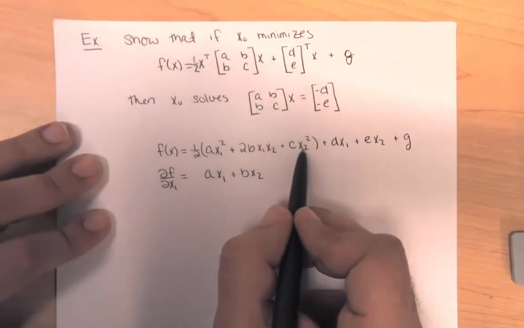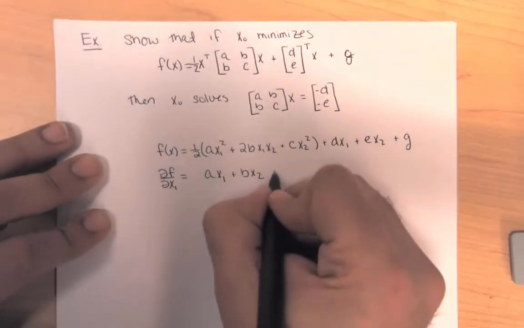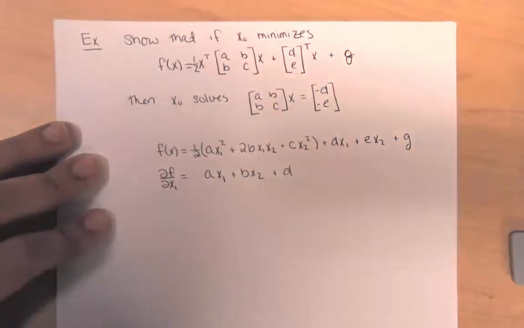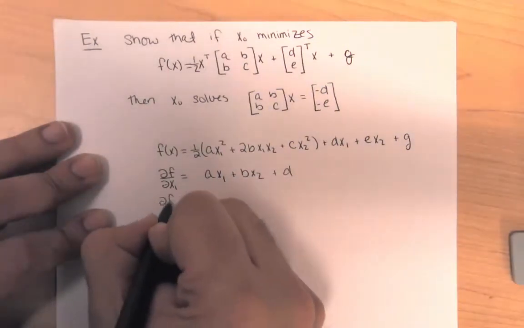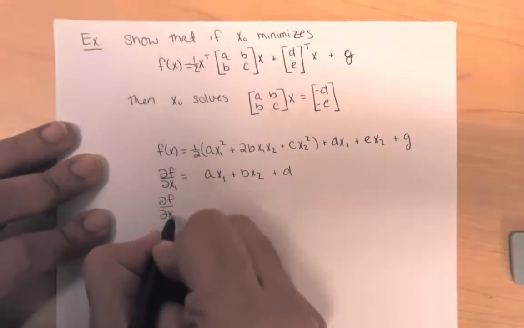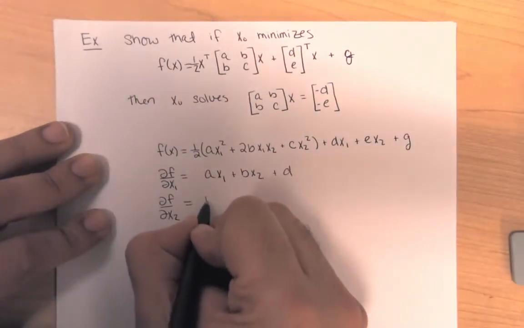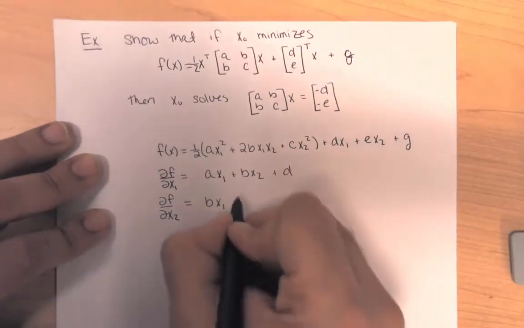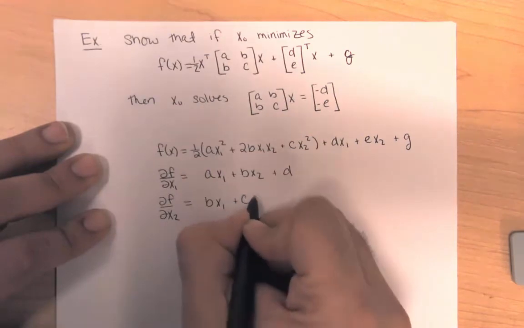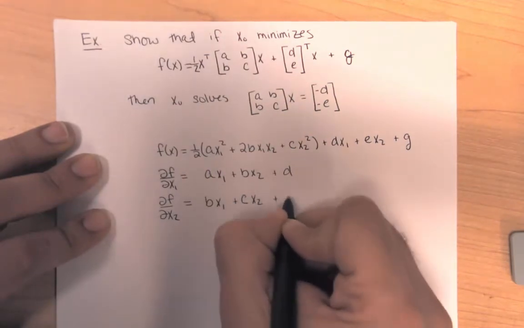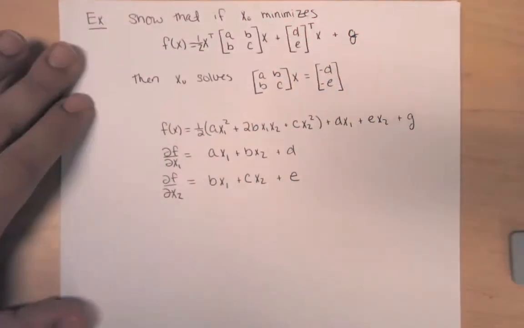The derivative with respect to x1 of this is 0, right? So plus d. The derivative of f with respect to x2 is b times x1 plus c times x2 plus e.